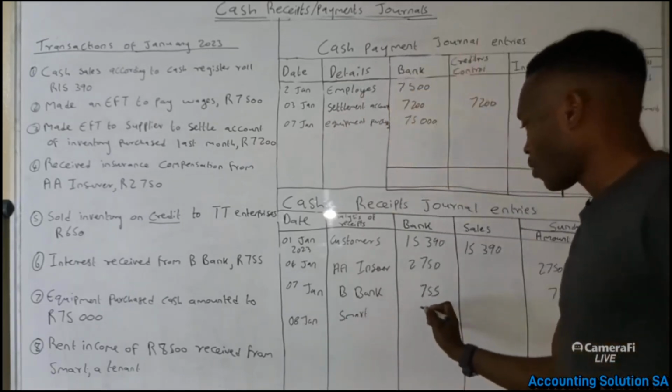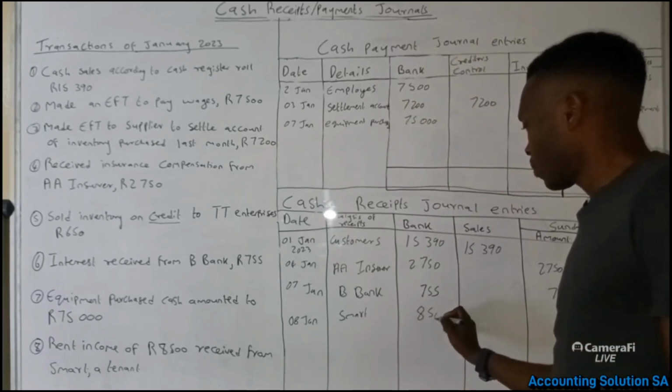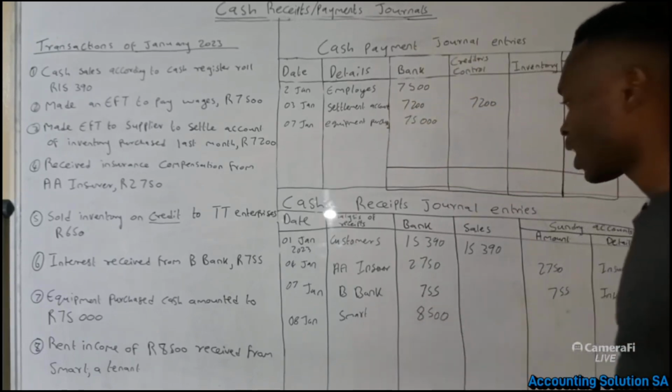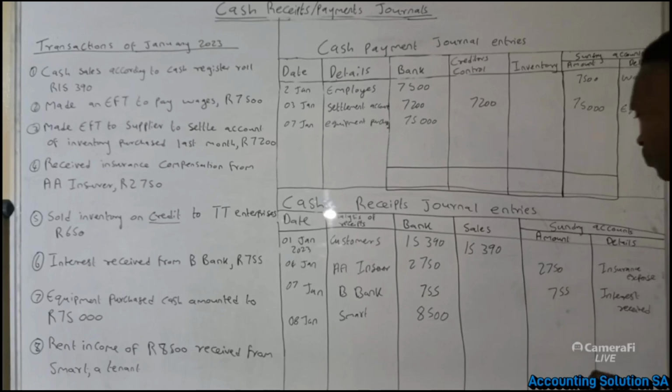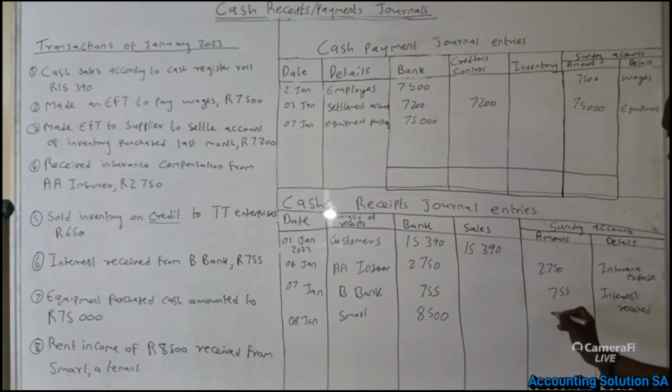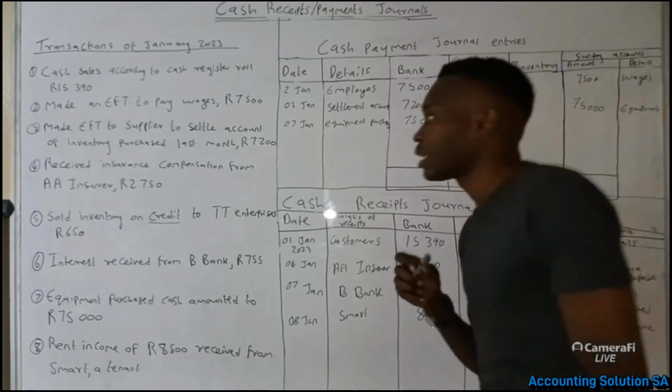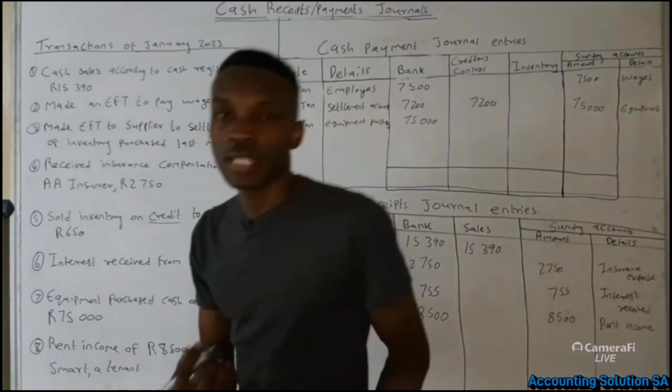Okay, then the amount is 8,500. Okay, then the following column, we write 8,500. Okay, this will be a rent income. Rent income. Okay, so this is the last transaction.